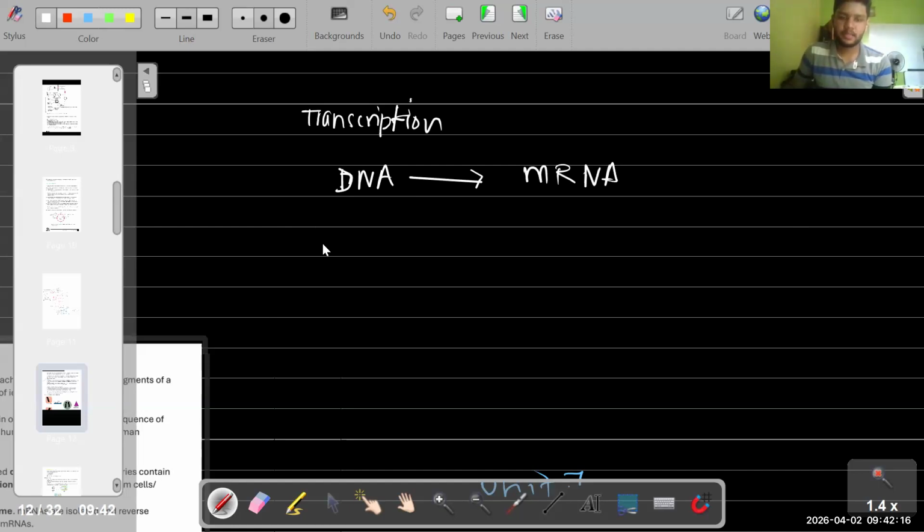Now I just tell I have a sequence A, G, C, T. Now this is a single strand of DNA, right? Now I am producing a complementary mRNA for it. How will it look like? Give the complementary strand of mRNA for this DNA strand.